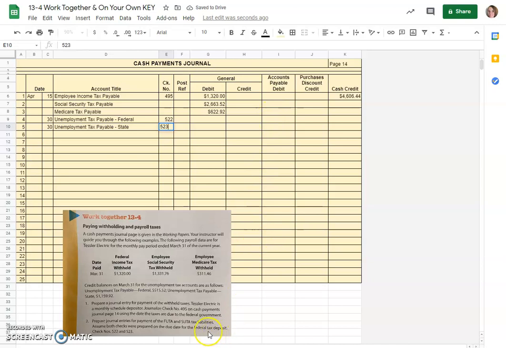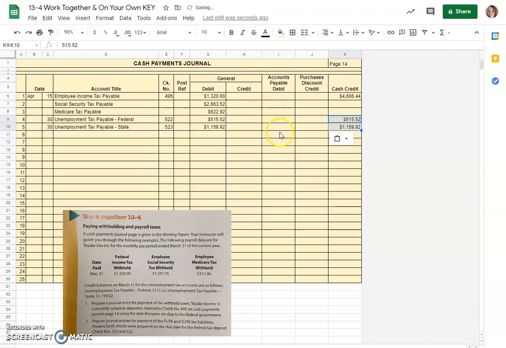And our amounts for those were $515.52, and then $1,159.92, and then both of those will actually be cash credits as well.